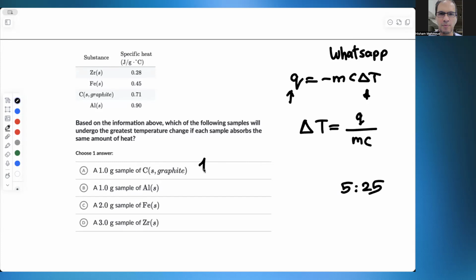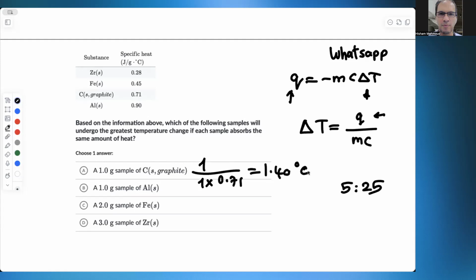So is equal to Q. Let's see all the values. I put a certain value, I will put Q as 1 for all of them. So it is 1 over MC. The mass is 1 and the C is 0.71. What will the answer be? So you will find them one by one like that. 1 over 0.71, that's equal to 1.40, the change in temperature by degree Celsius.